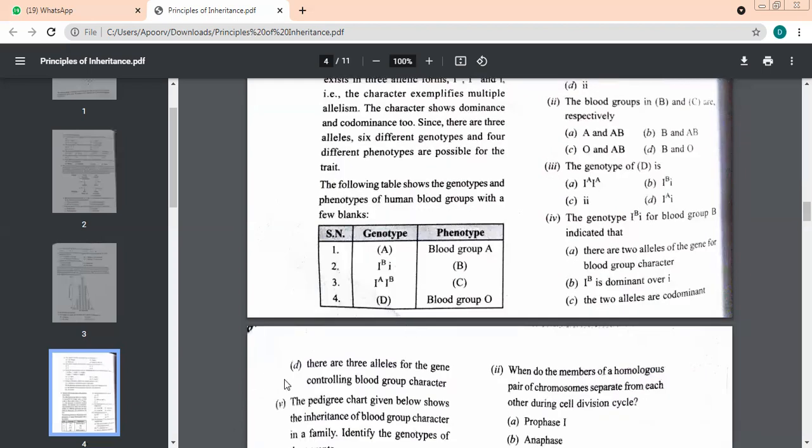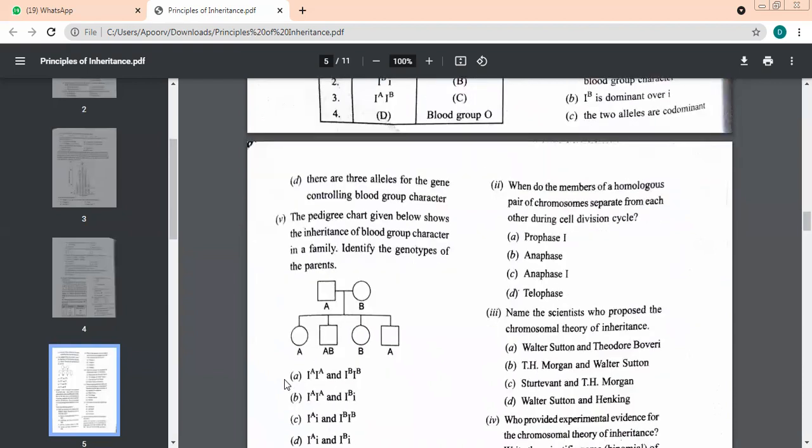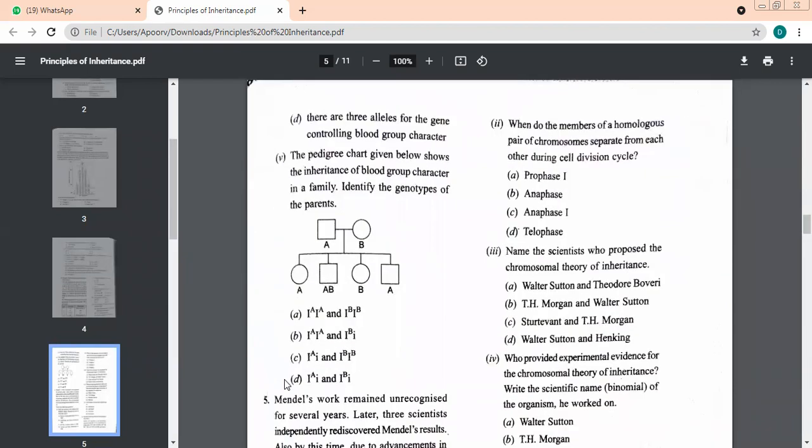This is the D option we have here. Ma'am, there is a fifth part also. There are 5 questions. Yes. Should I show you the fifth one? This is a pedigree chart. D option, and this is coming clear. Yes, we have 5 parts in each question. Good. So let's do the fifth part also. Let's discuss.